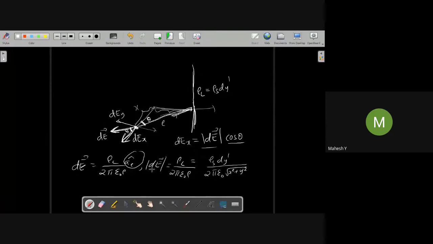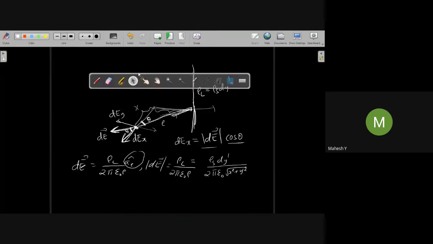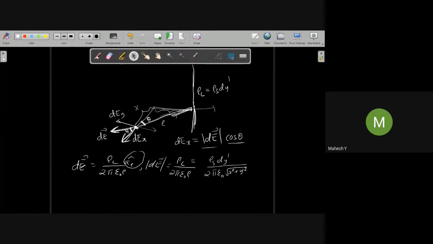So we got the value of dE. Then we have to get the value of dEx. So what is dEx? Mod dE cos theta, which is rho S dy prime divided by 2 pi epsilon 0 root of x square plus y prime square.